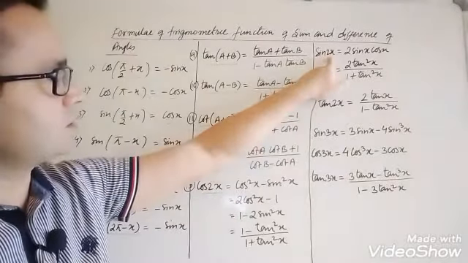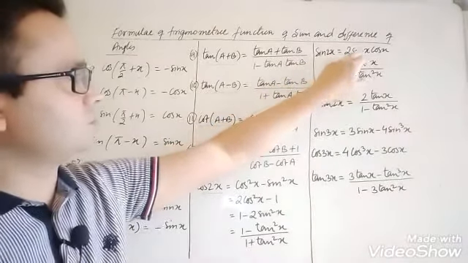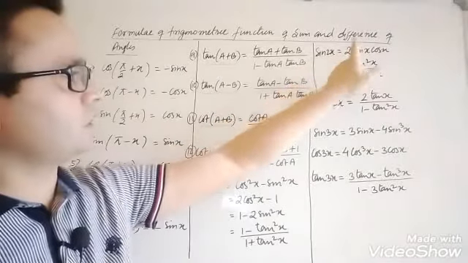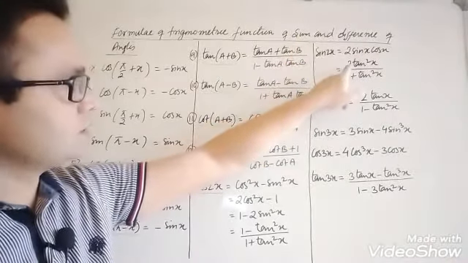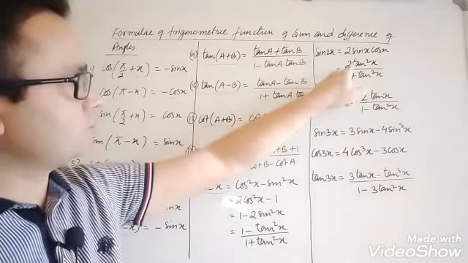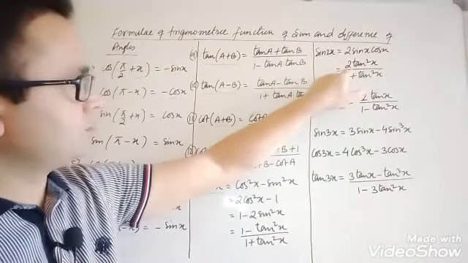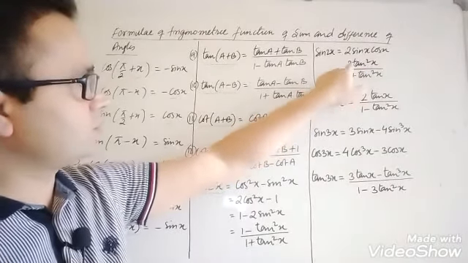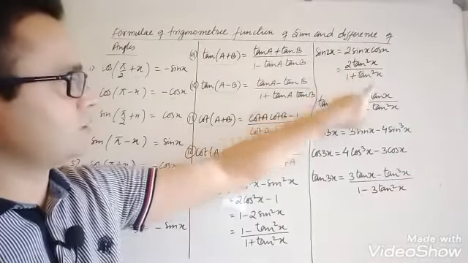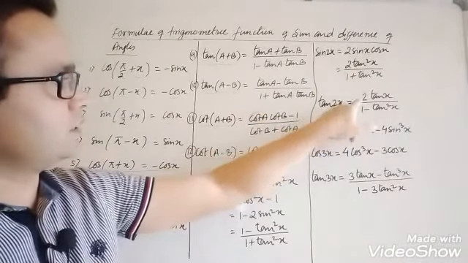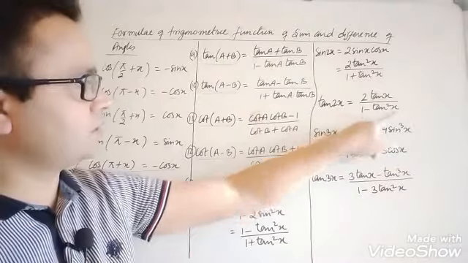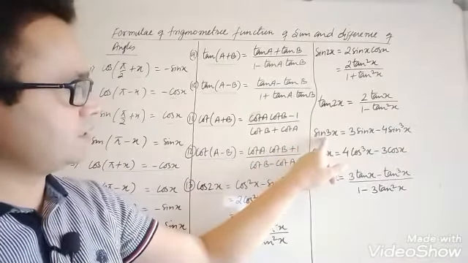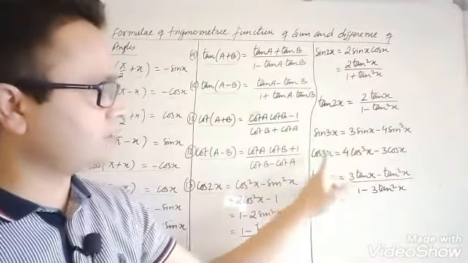So sin 2x has 2 formulas. One is 2 sin x cos x, and the next is 2 tan x divided by (1 + tan²x). Tan 2x is 2 tan x divided by (1 − tan²x). Sin 3x is 3 sin x − 4 sin³x.